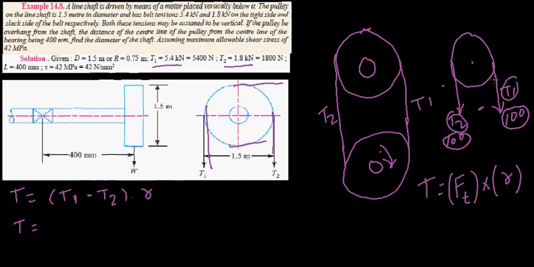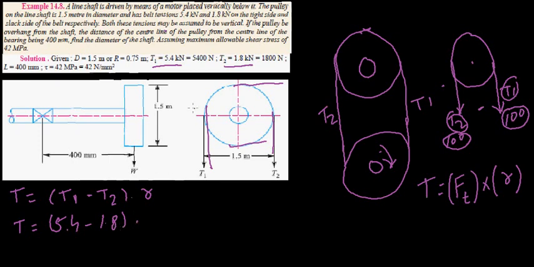Now T1 is 5.4 minus T2, which is 1.8. This 5.4 minus 1.8 would be our force in the tangential direction. I hope you're getting what I'm trying to say. Now this is multiplied by the radius.